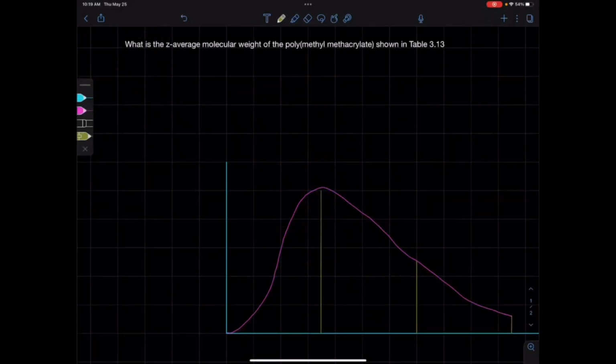What is the Z-average molecular weight of the polymethyl methacrylate shown in table 3.13? The polymethyl methacrylate shown in table 3.13 is synthesized by radical polymerization. For a random molecular weight distribution, such as that which is produced by free radical polymerization, the molecular weight distribution is like that shown in this graph, where the y-axis is the weights, Wi, and the x-axis is the molecular weight of the species.